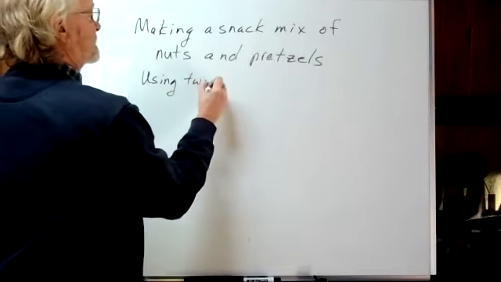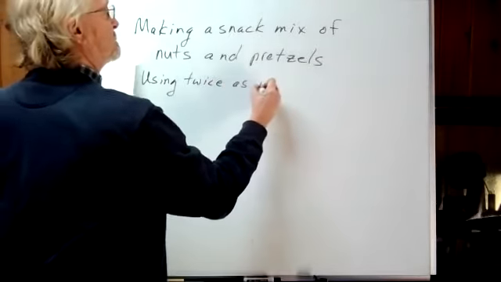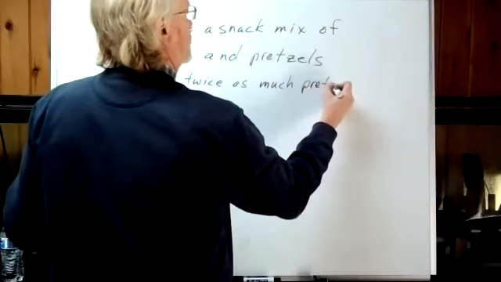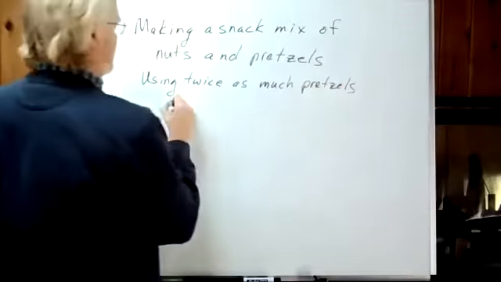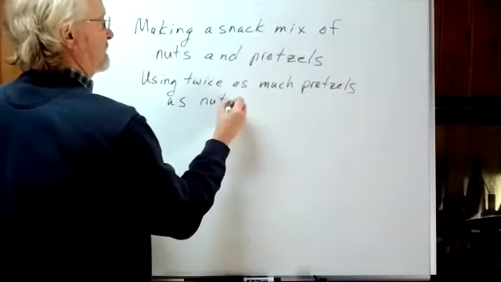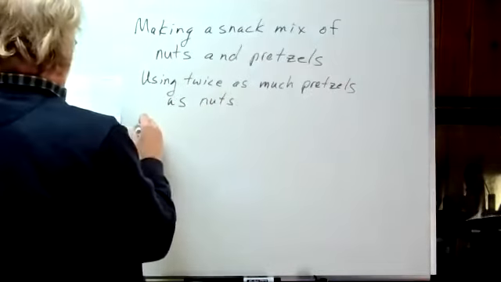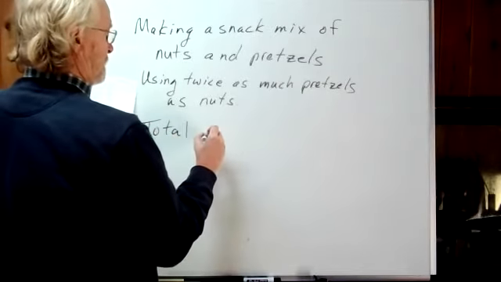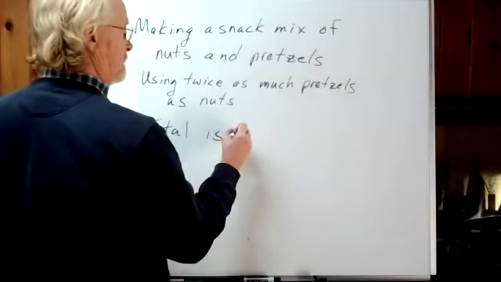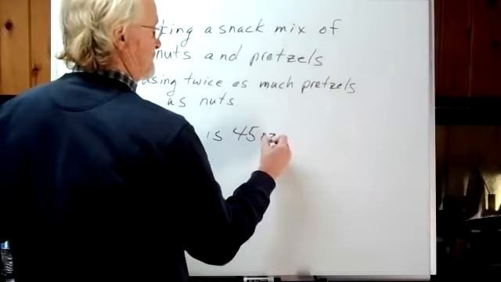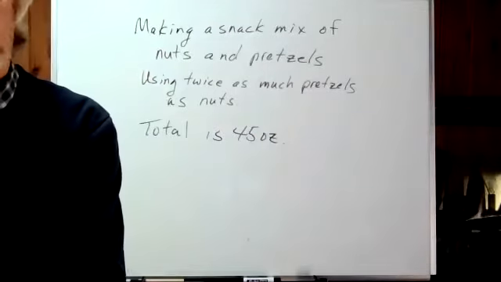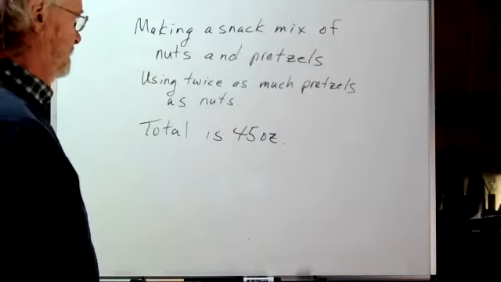Using twice as much pretzels as nuts, and the total is 45 ounces. How much of each?